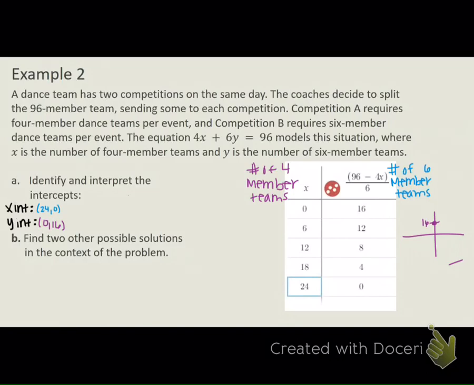Connor, what does 24, 0 mean? But what does x represent? What number of teams?